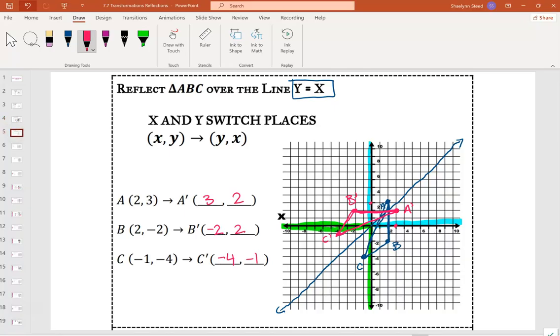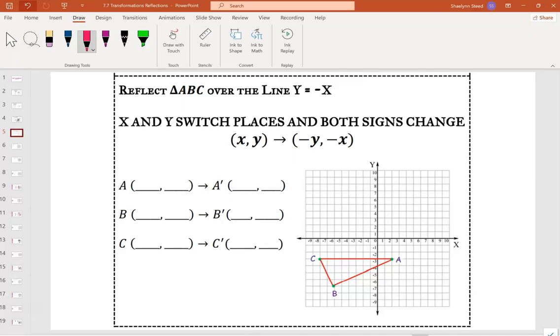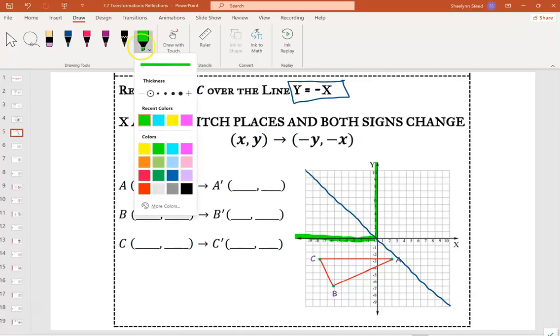All right. We've also got the line on the opposite side, so y equals negative x, which is just the diagonal with a negative 1 slope instead of a positive 1 slope, which looks something like this. So let's go ahead and write our A, B, and C. So again, if you notice, this positive y all of a sudden folds onto negative x.